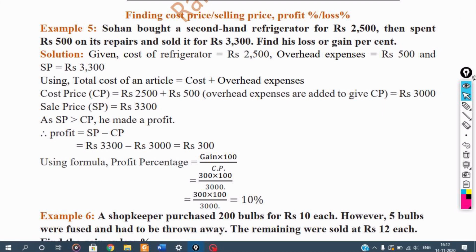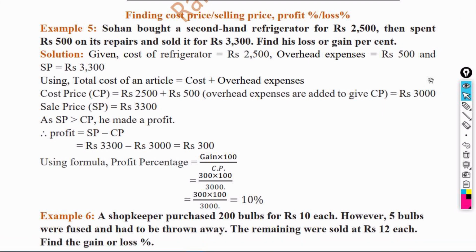Now here it is very clear from the question that he purchases the old, or you can say second hand refrigerator at rupees 2500, and this rupees 500 is overhead expenses.